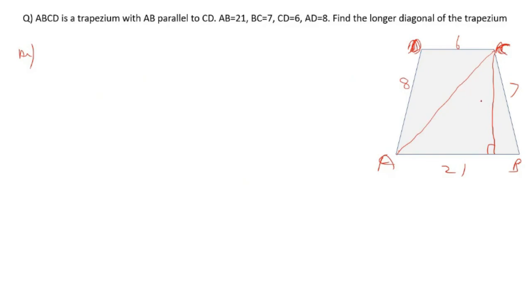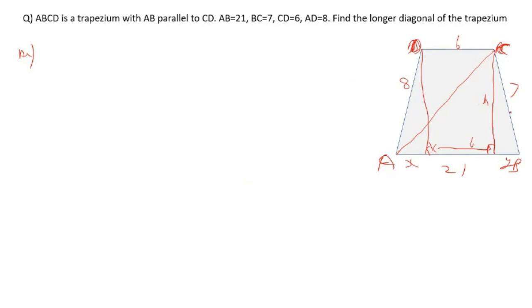So this is h, and if we draw another perpendicular here, the reason is to say that if this is 6, this part of the 21 will also be 6. Let's take this as x and this as y. In the previous case, since it was isosceles, we took the other outstanding parts to be equal.